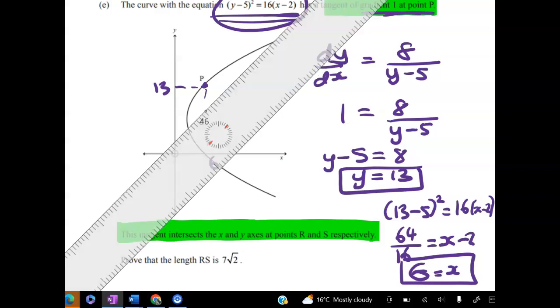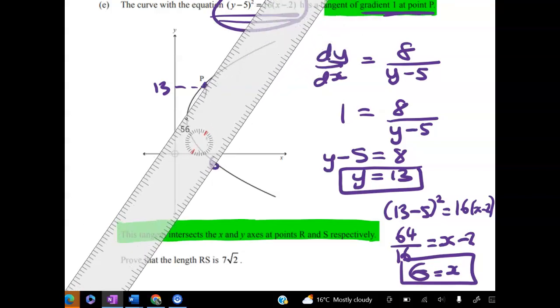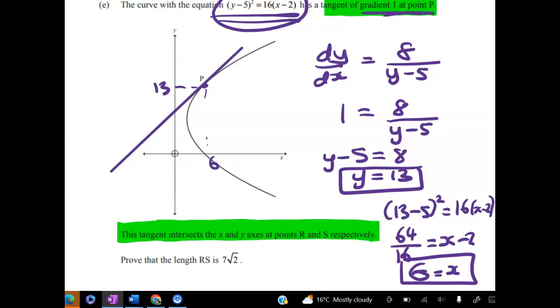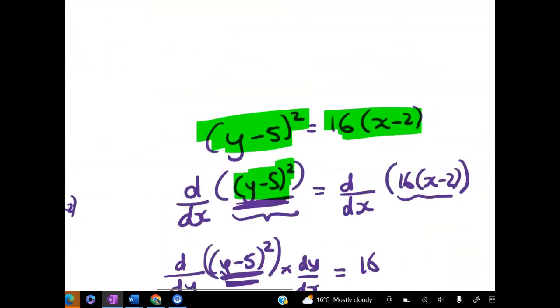Now we'll put that tangent line back on. Try and make it roughly accurate. We want to find the equation of the tangent to the curve, and we know a point, and the point is (6, 13). We can use y equals mx plus c. I'm going to do this in two ways.